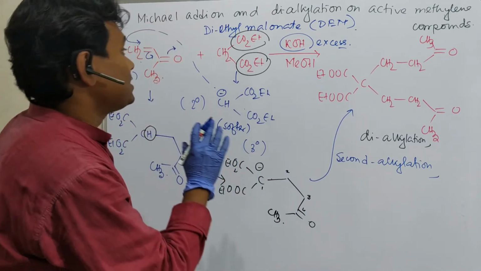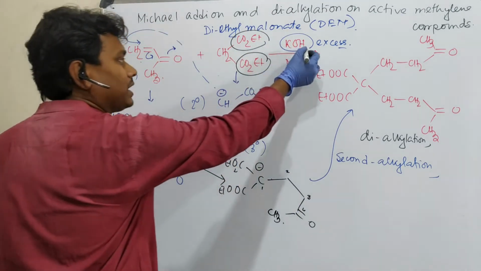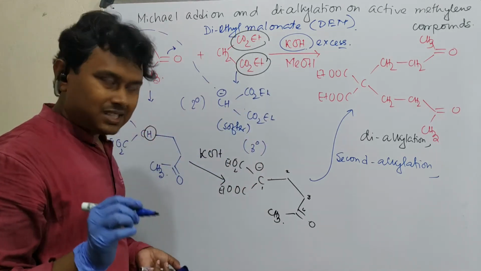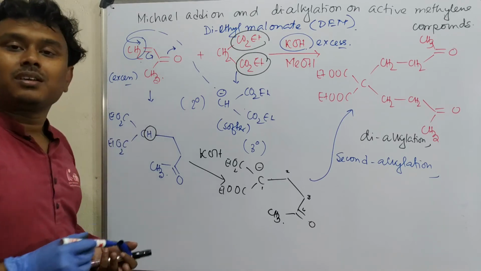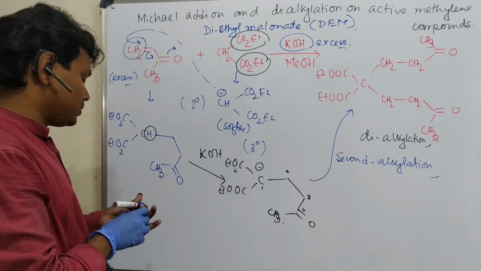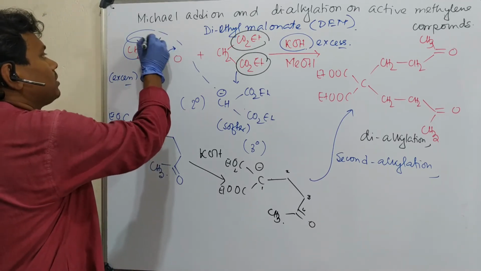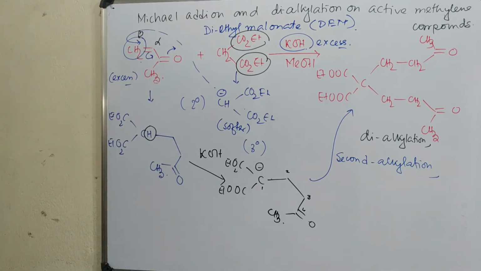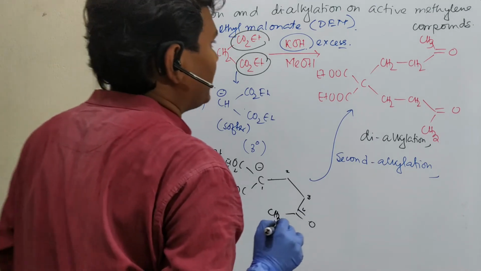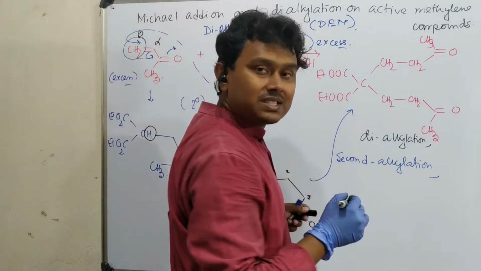Fine. So this is the interesting point. First of all, excess base, a little drastic condition, and the alpha beta unsaturated carbonyl compound is very less bulky. Okay, so this is the main discussion of this topic. Now one interesting point: what is the utility of this compound?